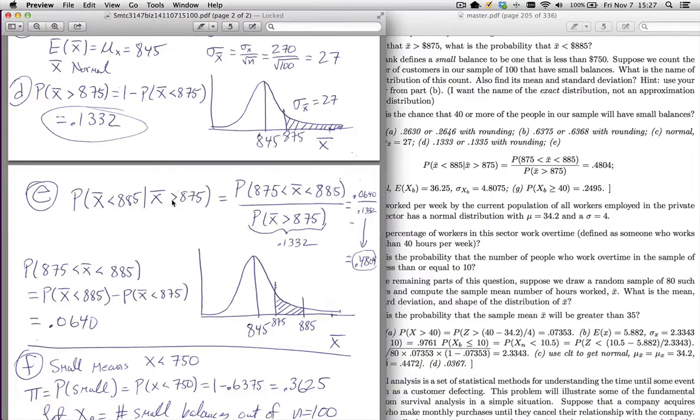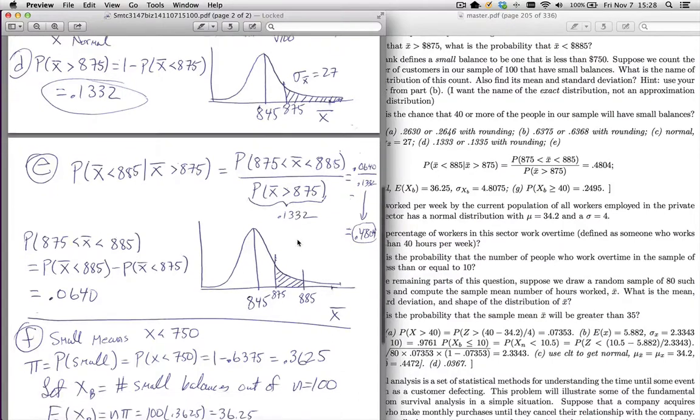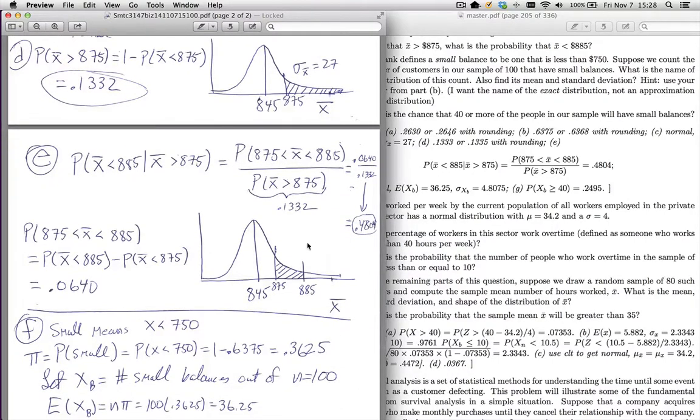So what does it mean to be greater than 875 and less than 885? It means that you're sandwiched between those values. Then we're going to divide that by the probability that the given happens. So what's the probability that x bar is greater than 875? Well, 0.1332.